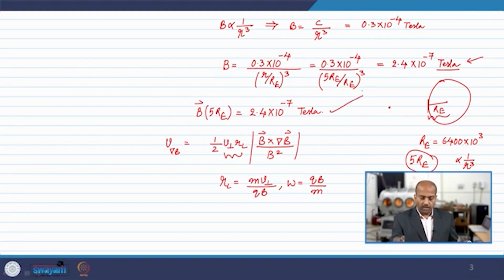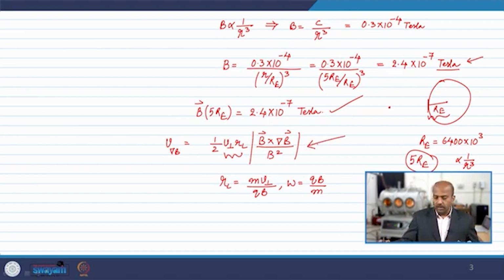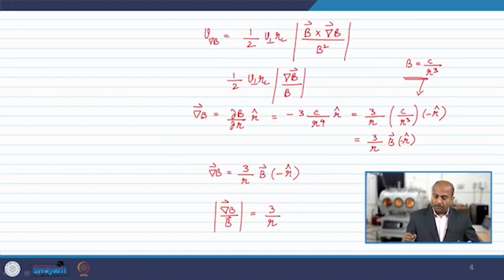Now once this is done, we pulled the gradient drift velocity formula from our earlier classes. So V del B is half V perpendicular RL B cross del B by B square. Just to be familiar with this formula, we have written them again here, right? Now we can reduce it into this formula.